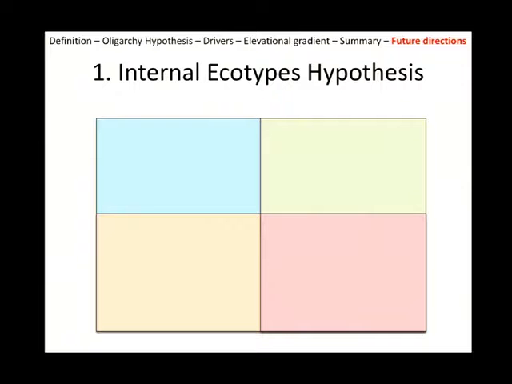So the goal of the first project is to develop and test the internal ecotypes hypothesis. Let me explain the motivation and the main prediction of the hypothesis. This is a tropical region, and these are 4 different habitats. In this region, we have different types of species.